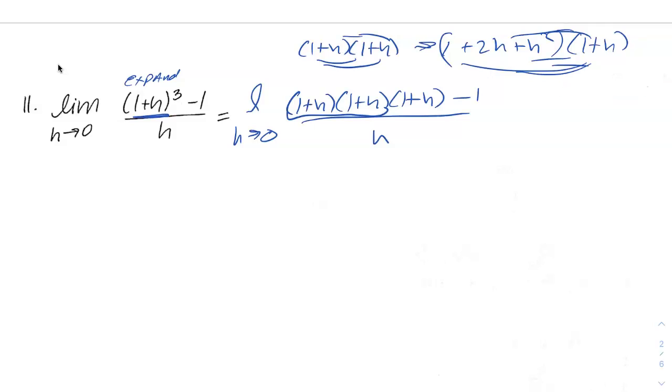Make it a little nicer. This is a little messy. If you distribute this one correctly, you should get h cubed plus 3h squared plus 3h plus 1. So that is this part right here.